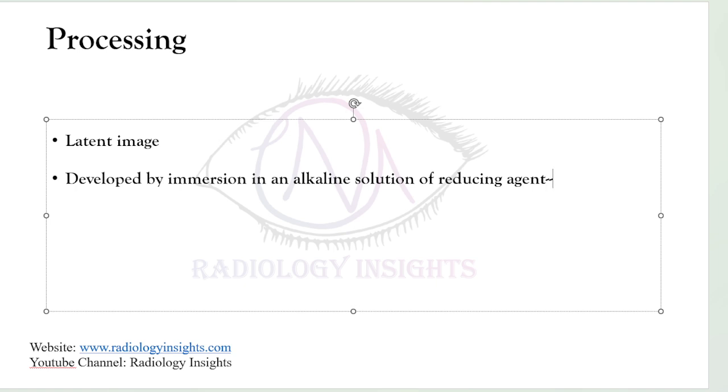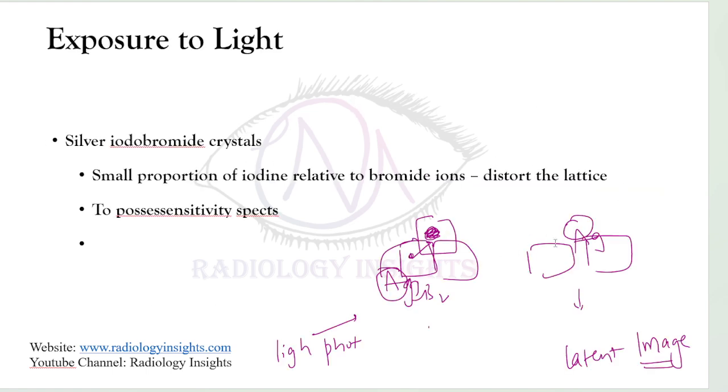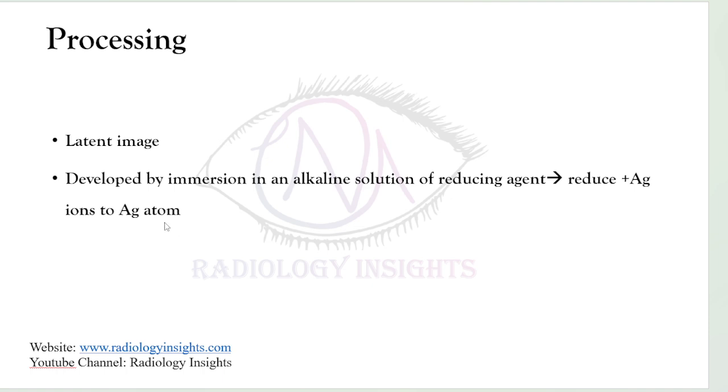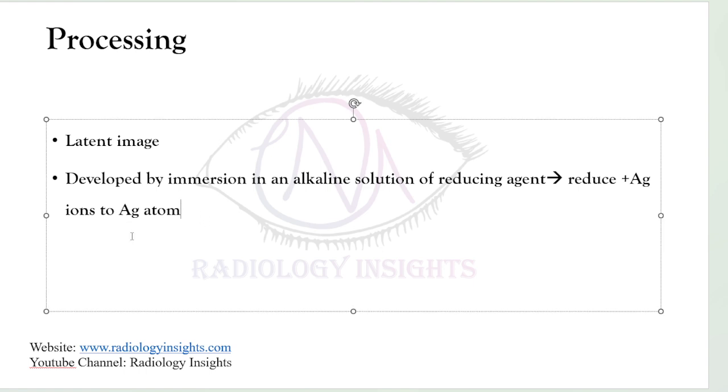This proceeds to reduce the positive silver ions in the sensitivity speck to silver atoms. So the latent image grows into a grain of metallic silver.